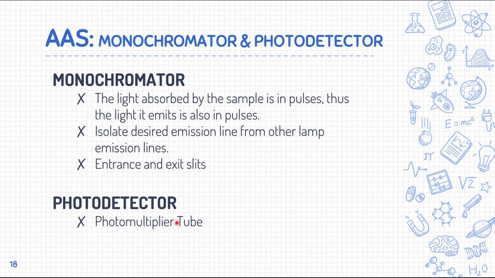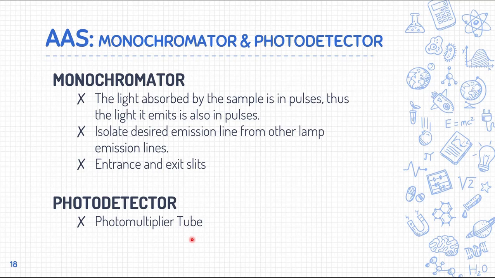So in your photodetector, again, it's your photomultiplier tube. One very good reason why is that when you go back to the definition of photomultiplier tube, it is very sensitive because it can detect quick bursts of light and short or low intensity light. And it is very important in the case of your atomic absorption spectrophotometry because, again, you are measuring pulses of light.